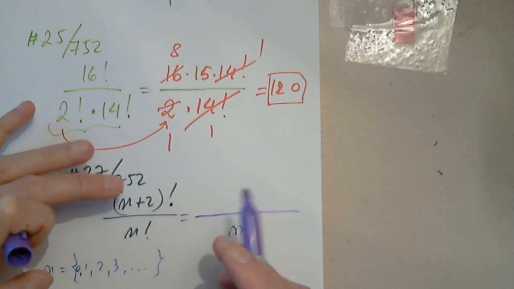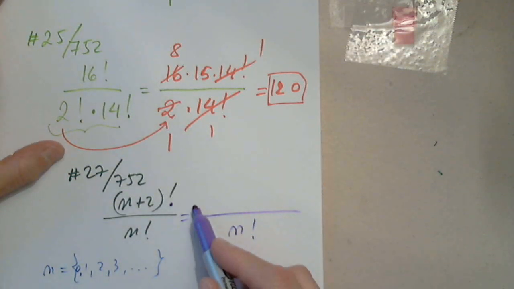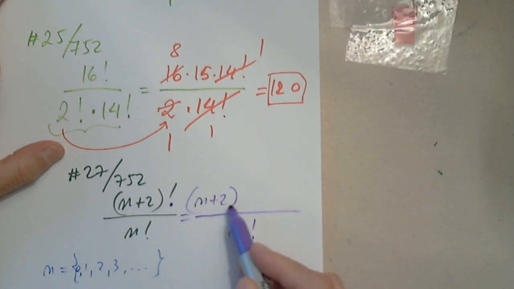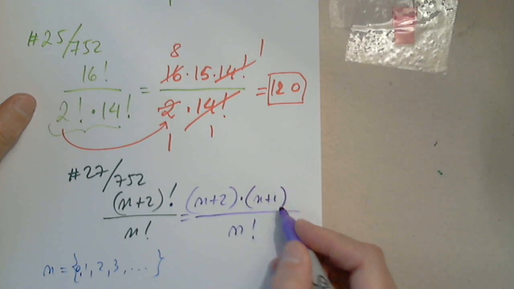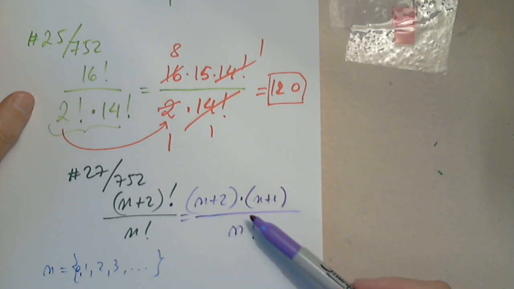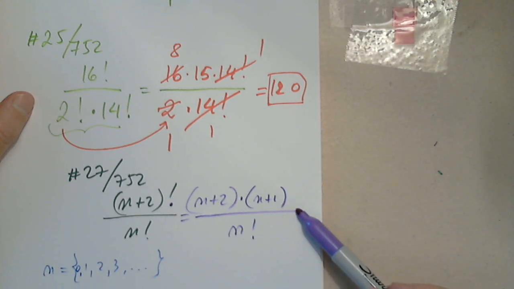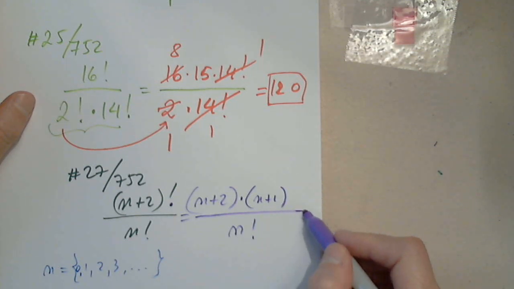So n plus 2 factorial, I have to start with what I see. What will be the next factor? N plus 1. Very good. Thank you. I subtract 1 from this one. Now what will be the next factor? N factorial.